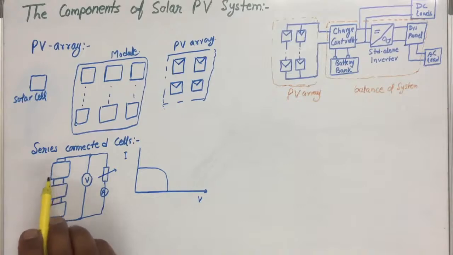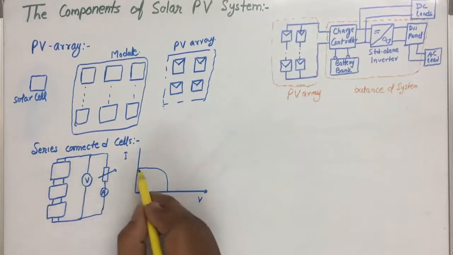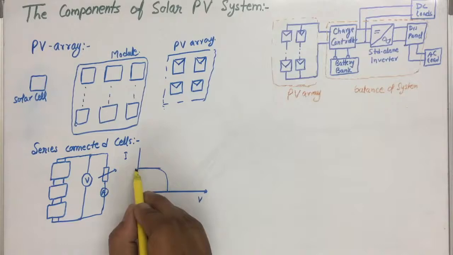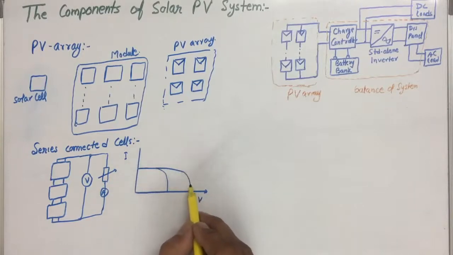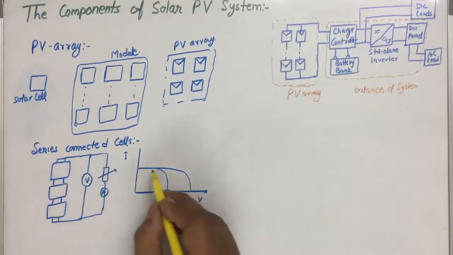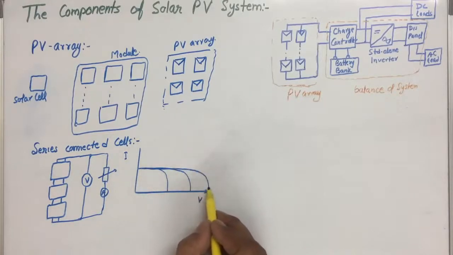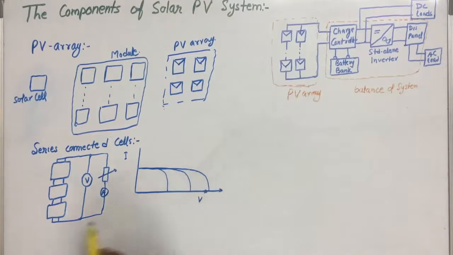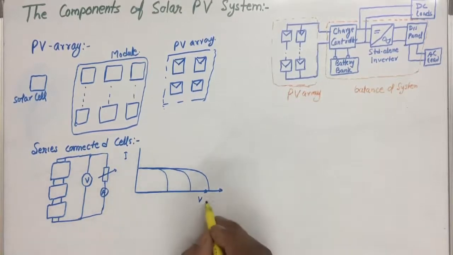In series connection, current remains same, voltage added up. And if we connect a third unit, the current will remain same, and according to the third cell, the output open circuit voltage will increase as it is shown here.